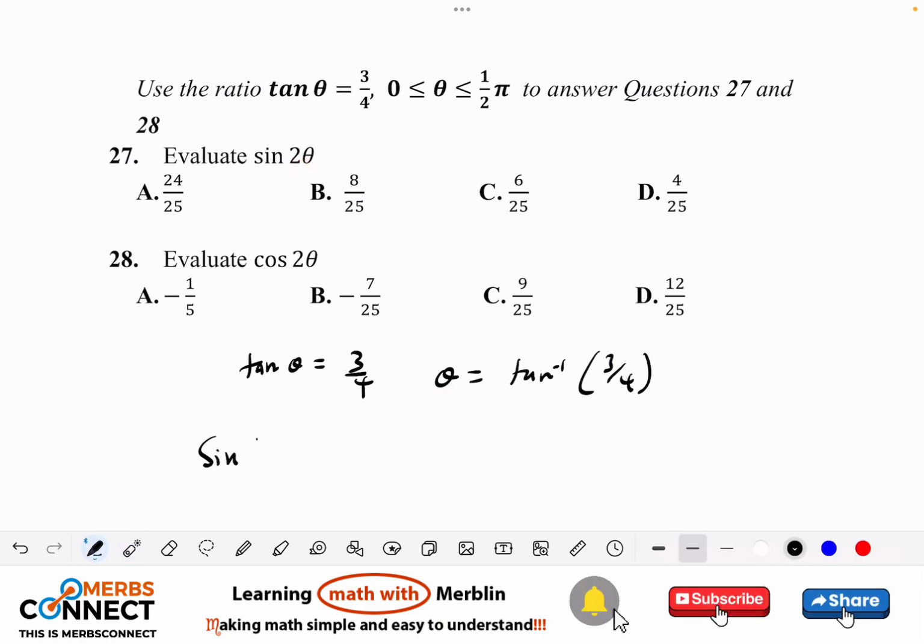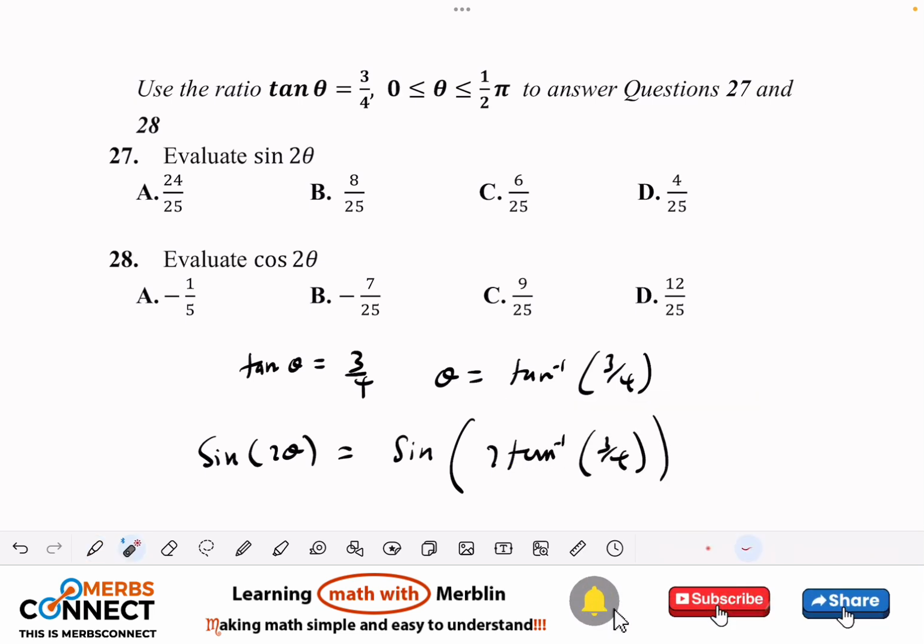So 2 theta here will be equal to sine of 2 times tan inverse of 3 over 4. You punch this on the calculator and put the results down. When you finish, pick the calculator and see the one that is going to give you the exact value here. You can do the same thing for the cos. You just change it to cos and do it that way.